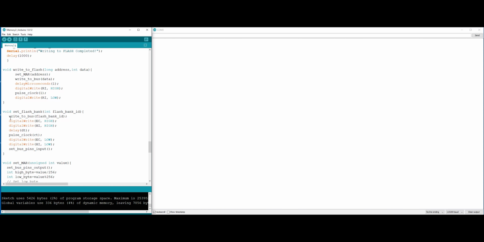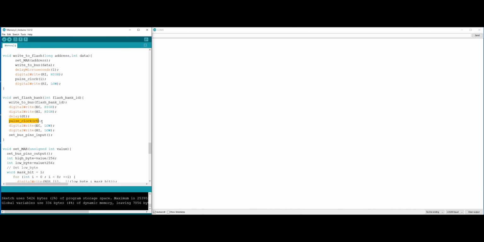You basically just write that value. Let's say we passed a value of 0. We are pointing to flash bank 0. We write that value to the bus, and then we're bringing the EC and HI signals high. Remember, from the circuit, we had to set those high, and then we need to pulse the clock.